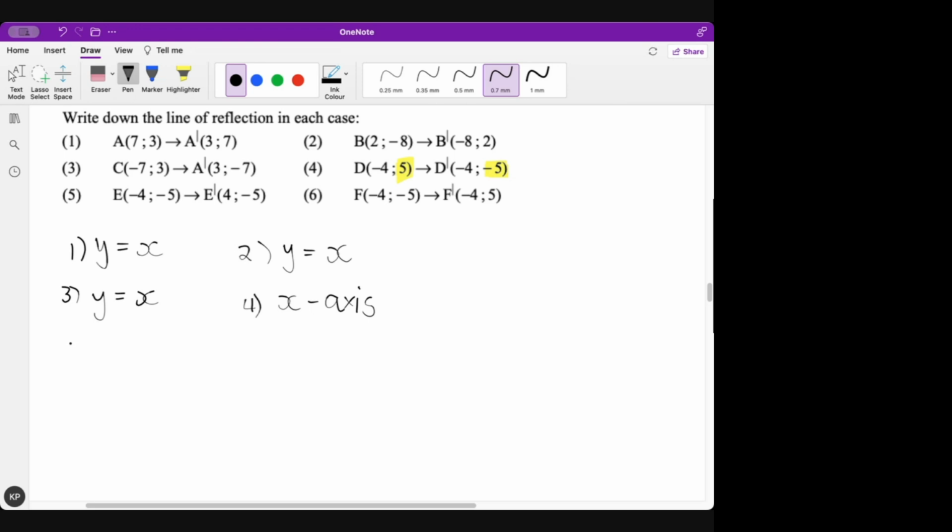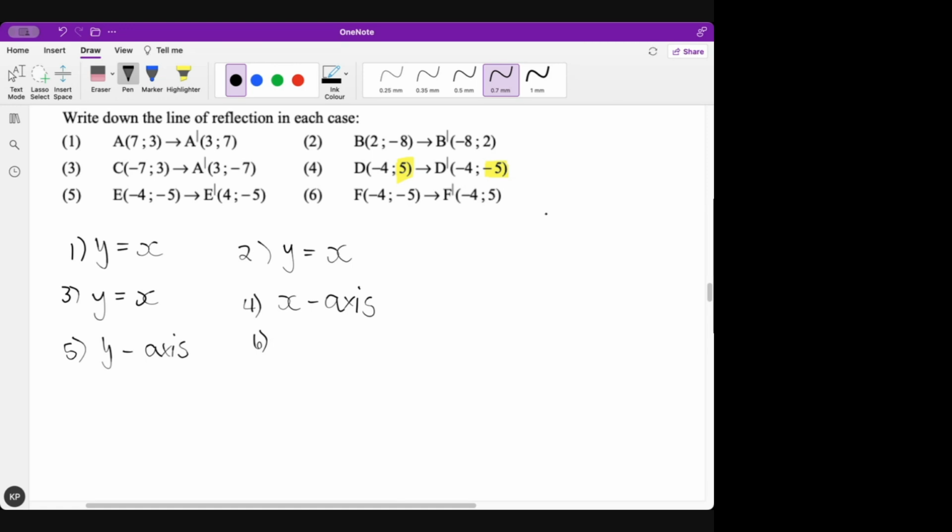Number 5, from (-4, -5) to (4, -5). Where has this been reflected? Nice. So up here, this is your y-axis reflection, because your x-coordinates changed. And the last one, from (-4, -5) to (-4, 5).